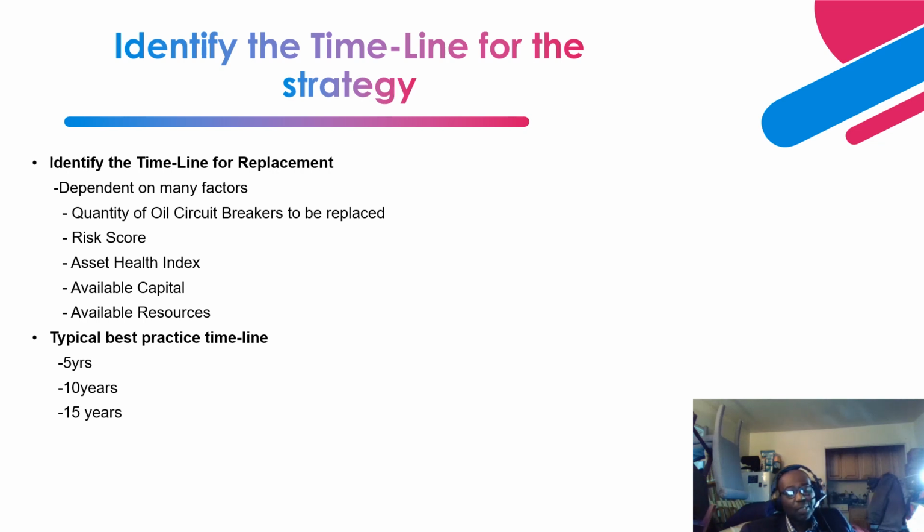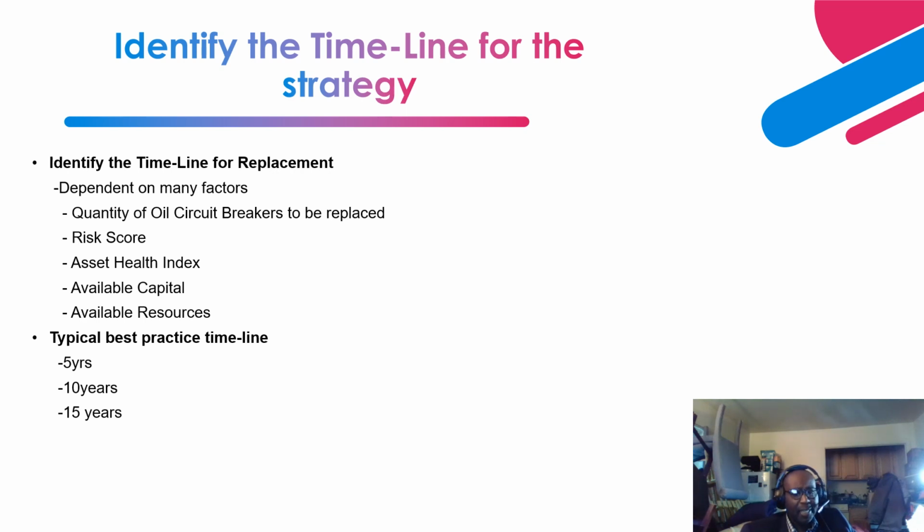That is when somebody will choose 5 years. Another person will choose 10 years, to spread out the costs, the available capital that should be available to replace these breakers. That will be based on, let's say, a moderate risk score and also a moderate condition index. And somebody will also choose to go with a 15-year timeline.